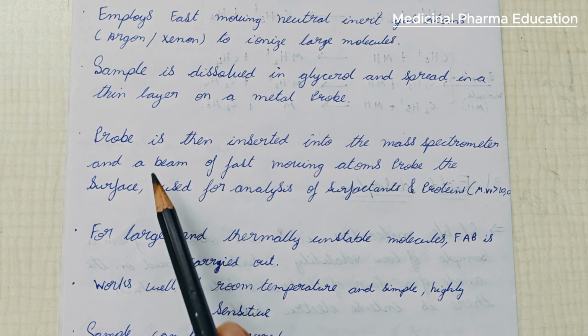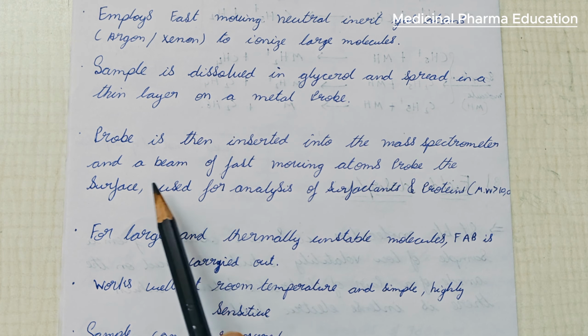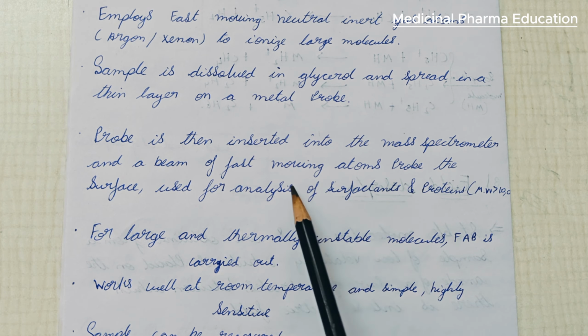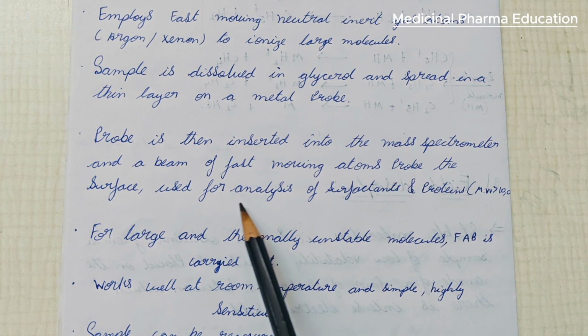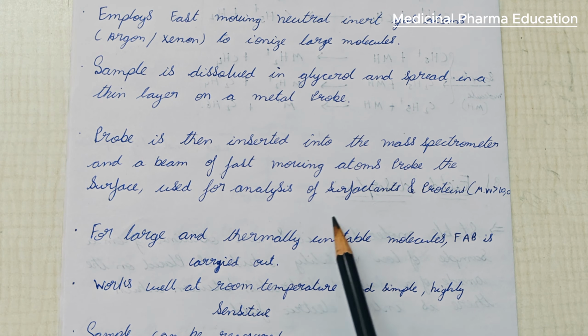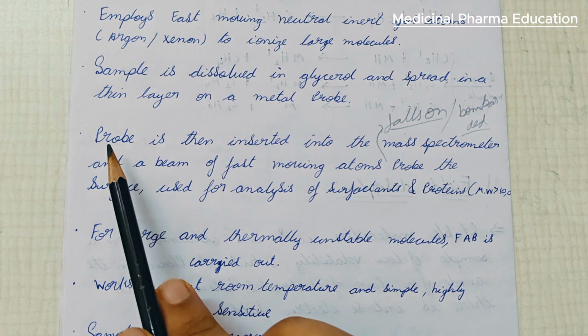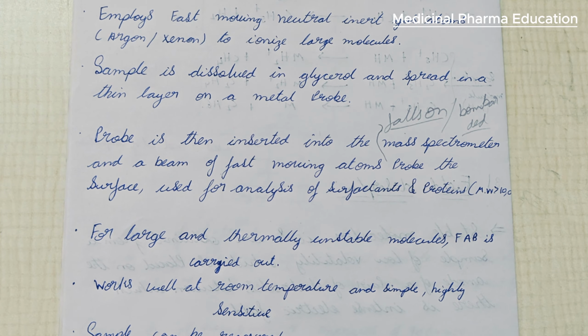The probe is then inserted into the mass spectrometer, and a beam of fast moving atoms probes the surface. Sorry guys, I have made a mistake, let me read that one more time.